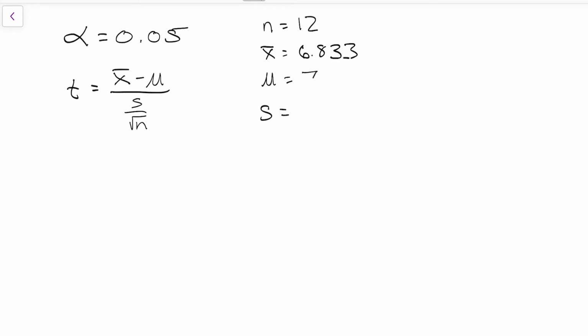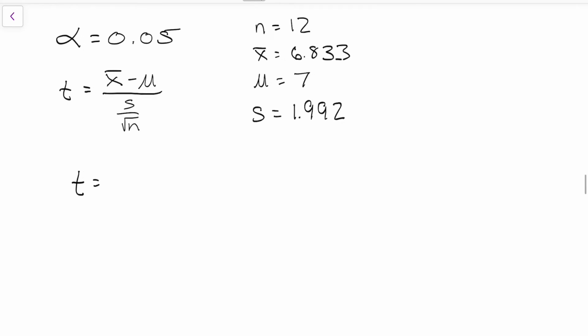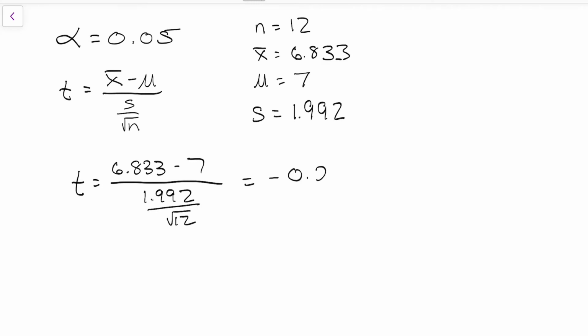The population mean was 7, and the sample standard deviation was 1.992. And so we can compute our test statistic: 6.833 minus 7 divided by 1.992 over the square root of 12. If I compute this, I'm going to get negative 0.290. That is our test statistic.